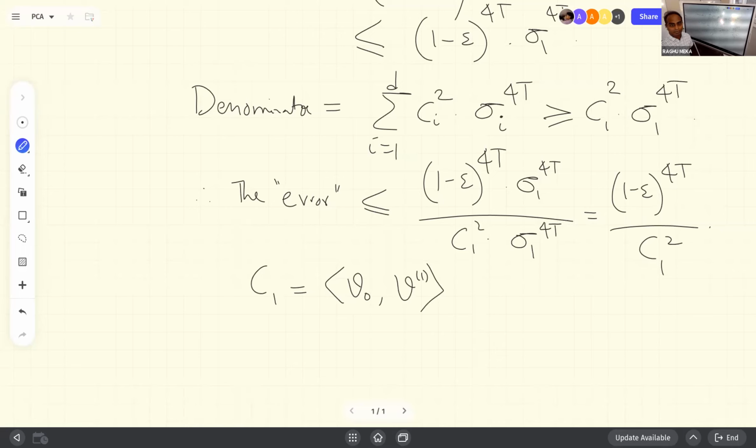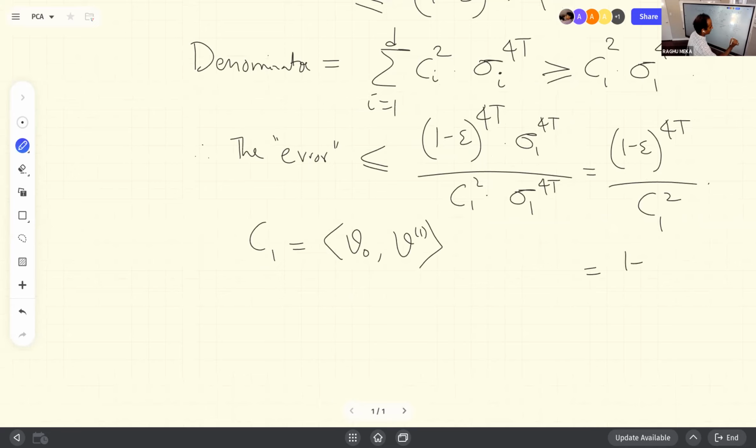My claim is that we were writing V0 in the basis of the singular vectors. Each coefficient in this basis is exactly the inner product of the basis vector with the vector that we are expressing in the basis. So we just get that the error is at most that divided by the inner product of V0 and V1, squared.